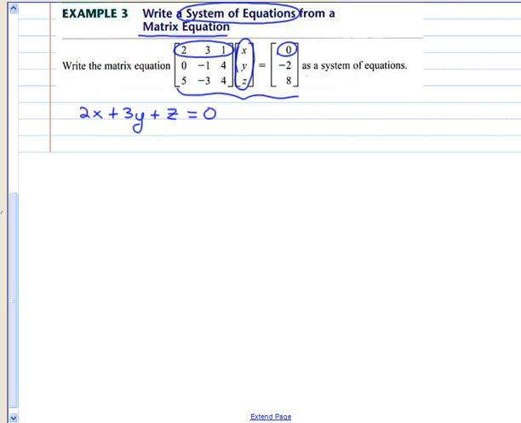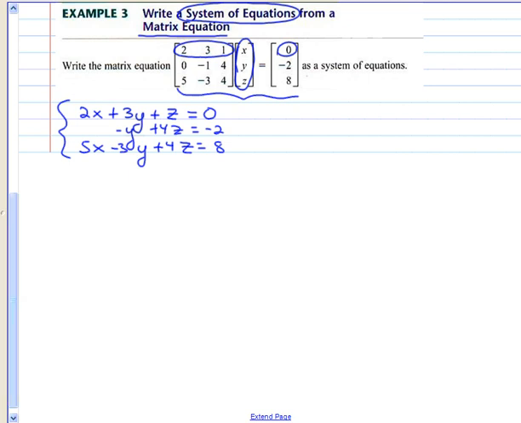Or it means 0x, don't need to write it, negative 1y, negative y, plus 4z equals what? Negative 2. And if I take the last row of my only column, I get 5x minus 3y plus 4z equals 8. There is the system of equations that means the same thing as that matrix equation.